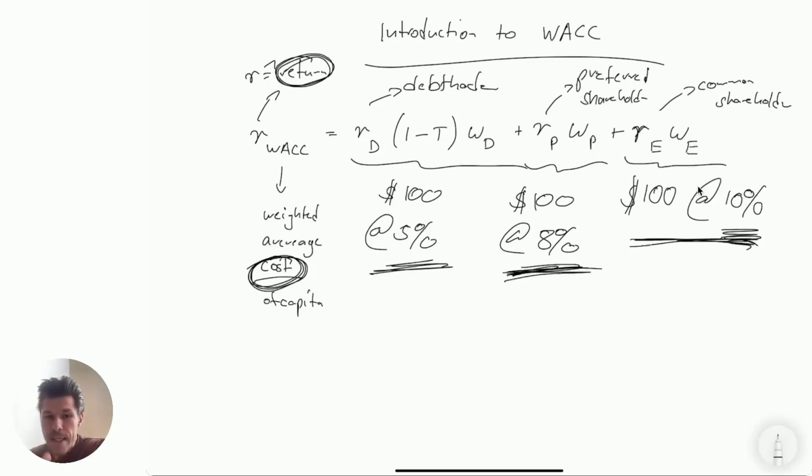That's why in general debt holders don't bear as much risk as preferred shareholders, as common shareholders. That's why the return needs to reflect the risk. One addition: because debt is tax deductible, we need to look at the after-tax return on debt, or cost of debt. Very important. Good.